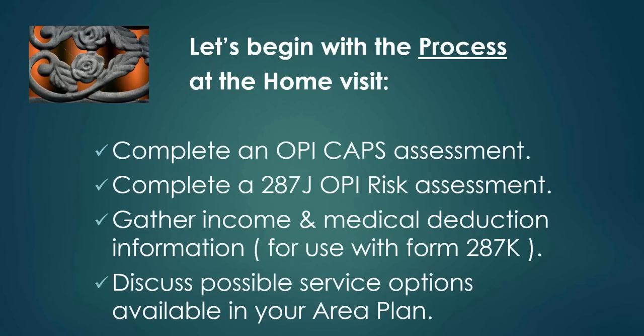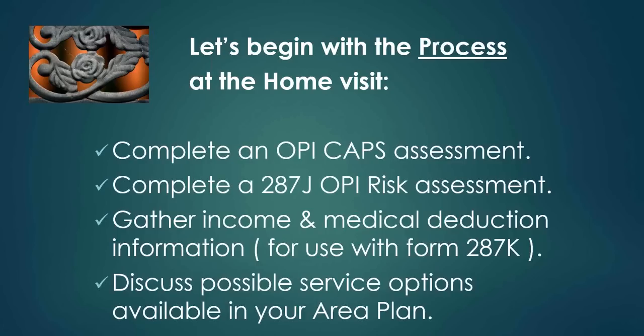You know which services are available. They're not the same in all AAA areas, so you will know what it is that you're offering to your client. And you may also want to give information about other programs, especially if you don't think that the person can benefit that much from OPI, but could possibly benefit more from another type of program.